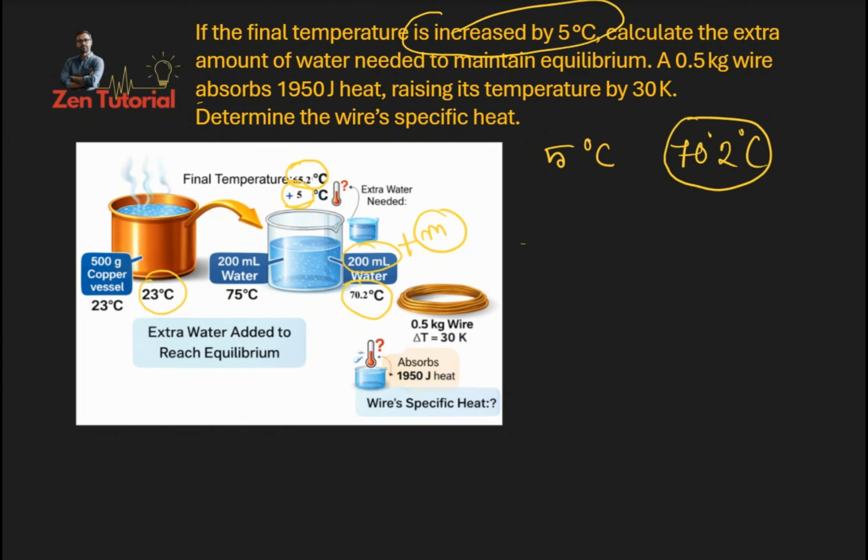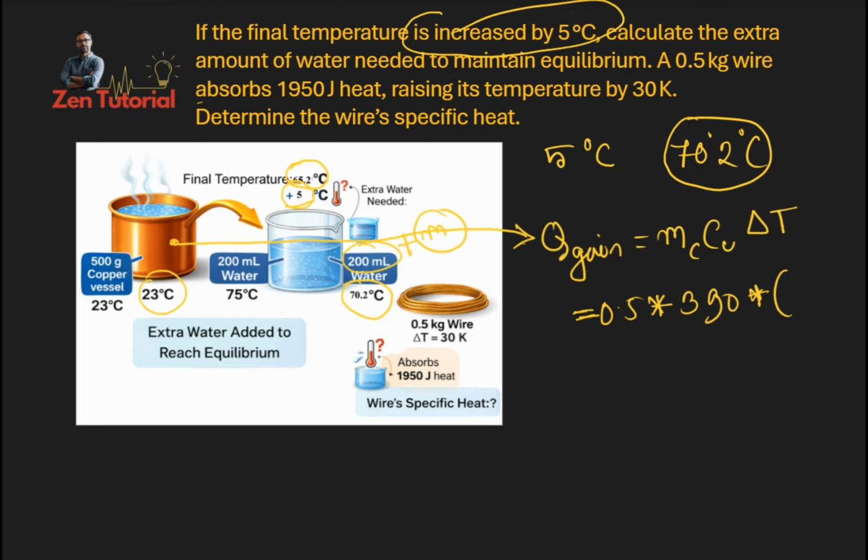The copper vessel's heat gain is equal to m c del theta. The mass is half kg, c is 390, and the temperature difference is the final temperature 70.2 minus 23, right?